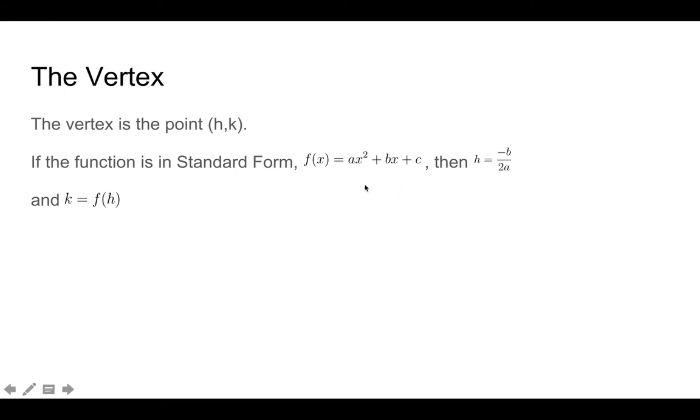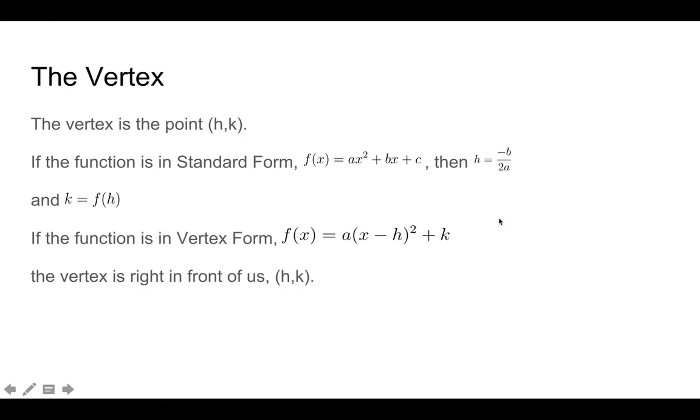To find the corresponding y-coordinate, we plug that back into the function and find k, our y-coordinate. That's if we're in standard form. If we're in vertex form, we don't have to do any work. The vertex will be right in front of us. That's why we call it vertex form. It has the vertex right in front of us. You should watch the video about vertex of a parabola if you're not familiar with this.